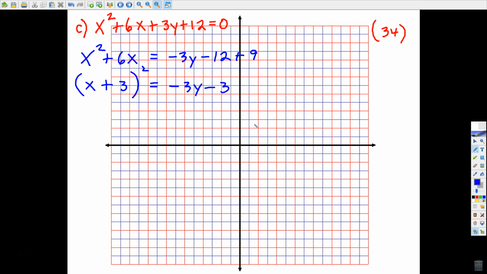Remember, you always solve for the variable that's in the lower degree, so you would add 3 to both sides. And now I'm going to divide or multiply. You can think of multiplication by negative 1/3 on both sides.